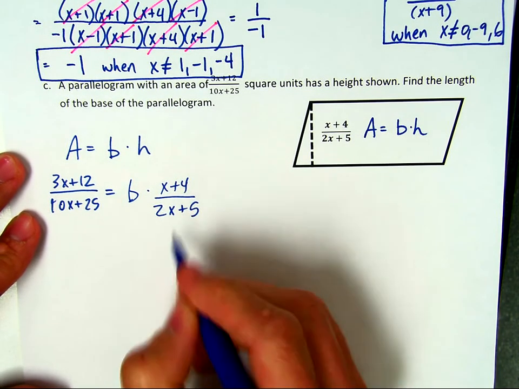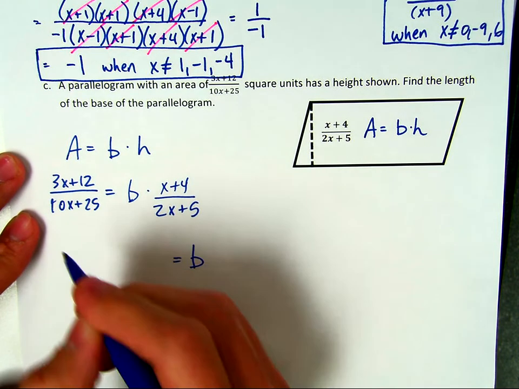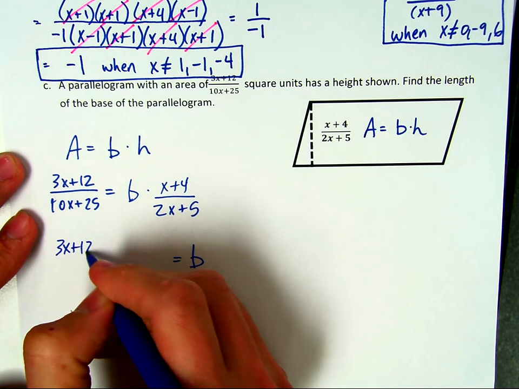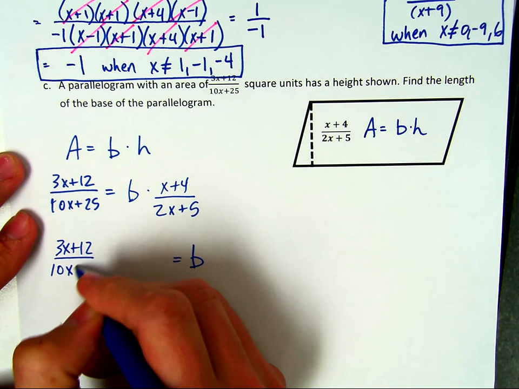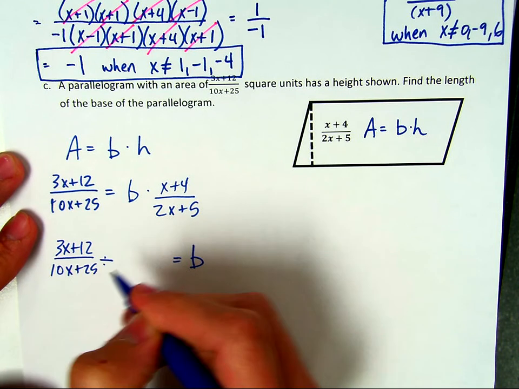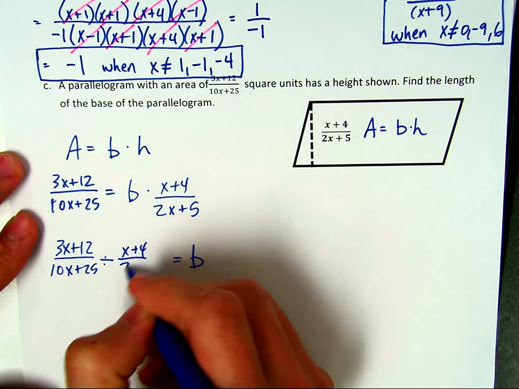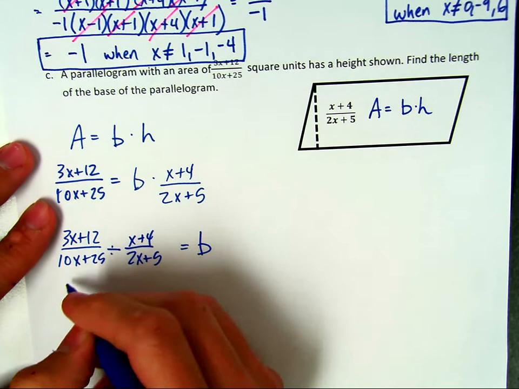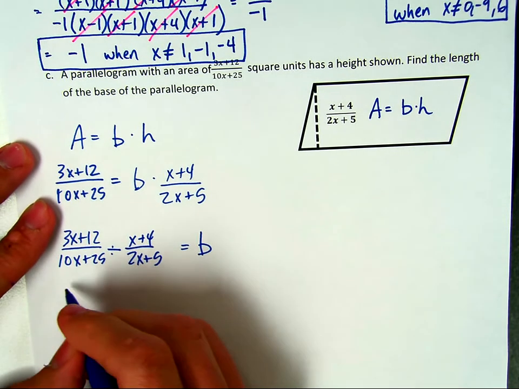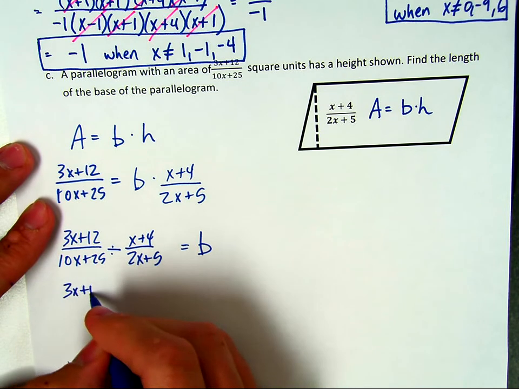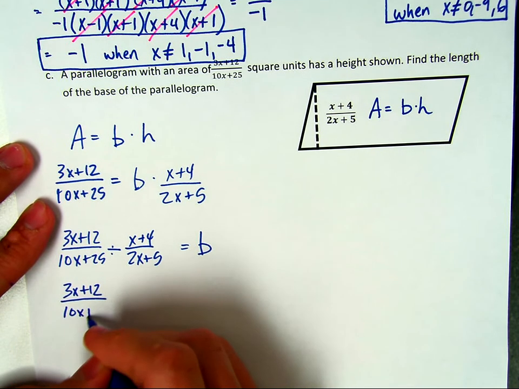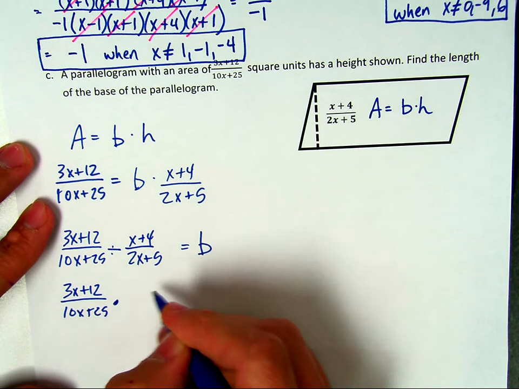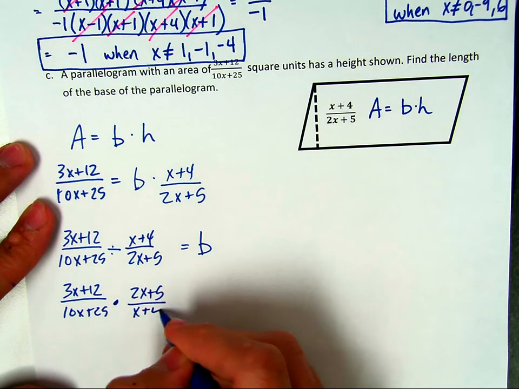So the base is going to be equal to 3x plus 12 over 10x plus 25 divided by x plus 4 over 2x plus 5. When we divide, we multiply by the reciprocal. So it's going to be 3x plus 12 over 10x plus 25 times 2x plus 5 over x plus 4. We flip the second fraction.